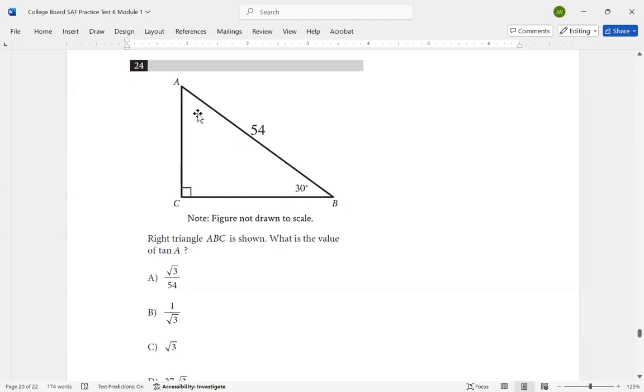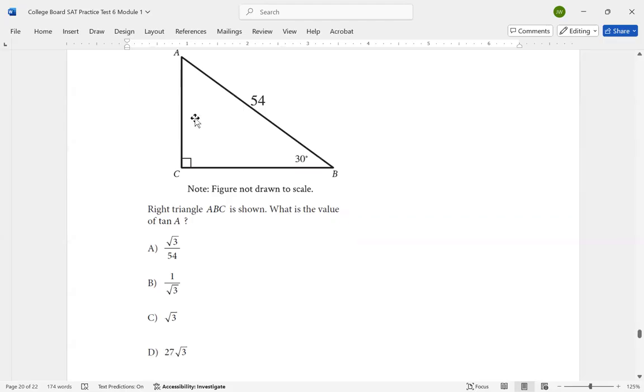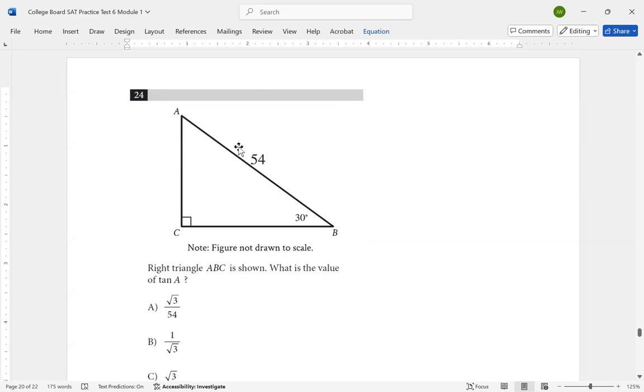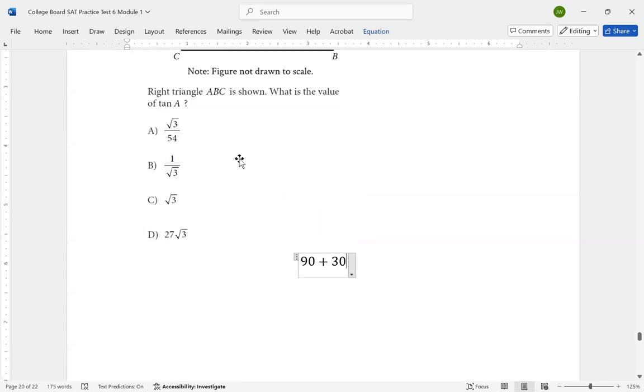We know that the angles of a triangle add up to 180 degrees, and therefore our missing angle needs to be 60 degrees, because we get the right angle, which is 90, plus the angle that was given, which is 30, and then plus the angle at A. All three angles have to add up on any triangle to 180 degrees.